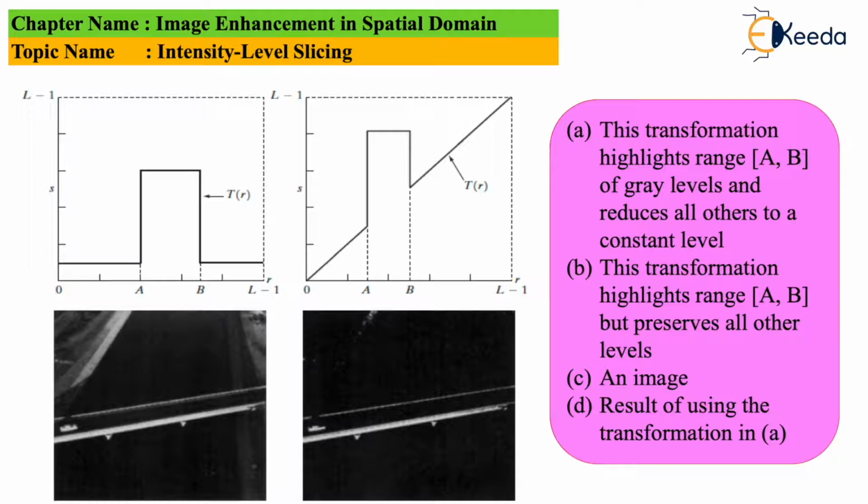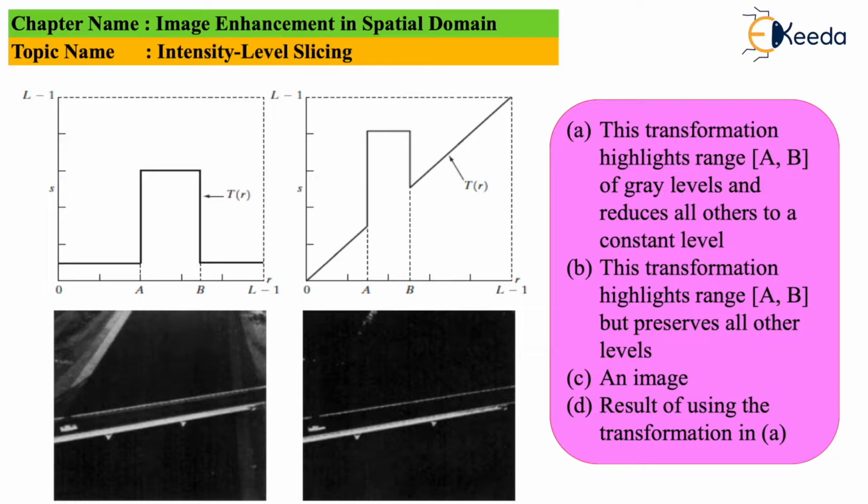In the input gray levels we are interested in highlighting the gray levels right from point A to point B. You can see the nature of this particular graph. These have been highlighted, and whatever was in between has been reduced to low levels. So a high level and a low level, only these two levels are possible in the output image. This shall definitely result in a binary image.